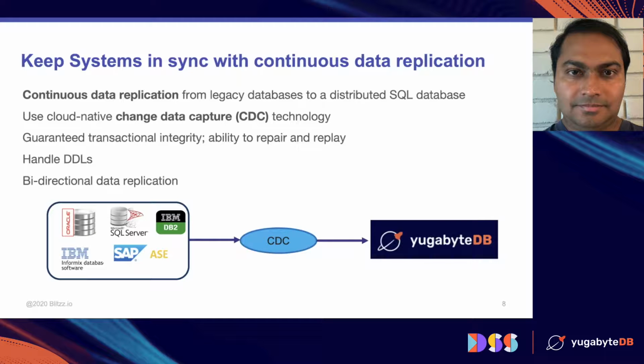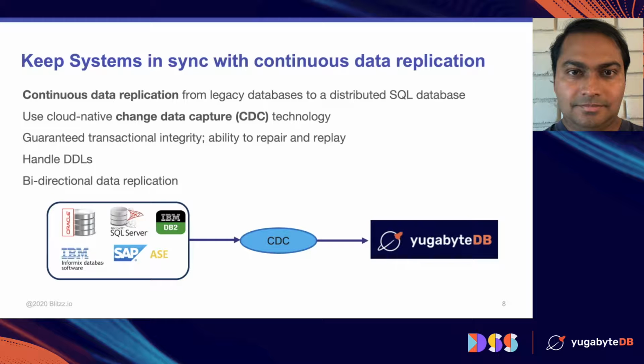The traditional way in which homogeneous systems were kept in sync, especially if you look at the previous generation, Oracle primary, secondary, all of that was powered by what we know as CDC, change data capture technology. CDC is the technology that allows us to pick up transactions from the source system, transform the data to the target system, and apply the transaction at the target.